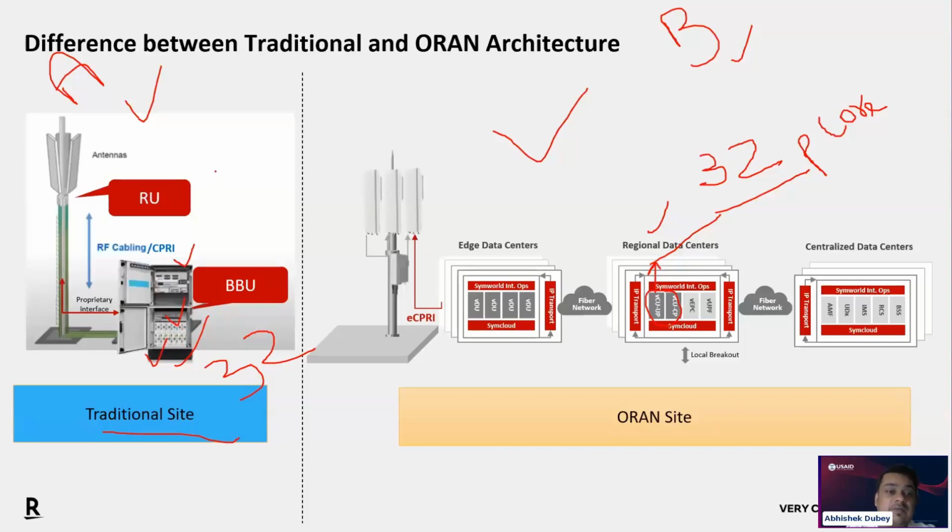If this site is using only 20 P-cores out of 32, can you use the rest of the 12 P-cores for other sites? No, you cannot in the traditional site, but here you can use the rest of the 12 P-cores for other site deployment. So this is the advantage of virtualization.